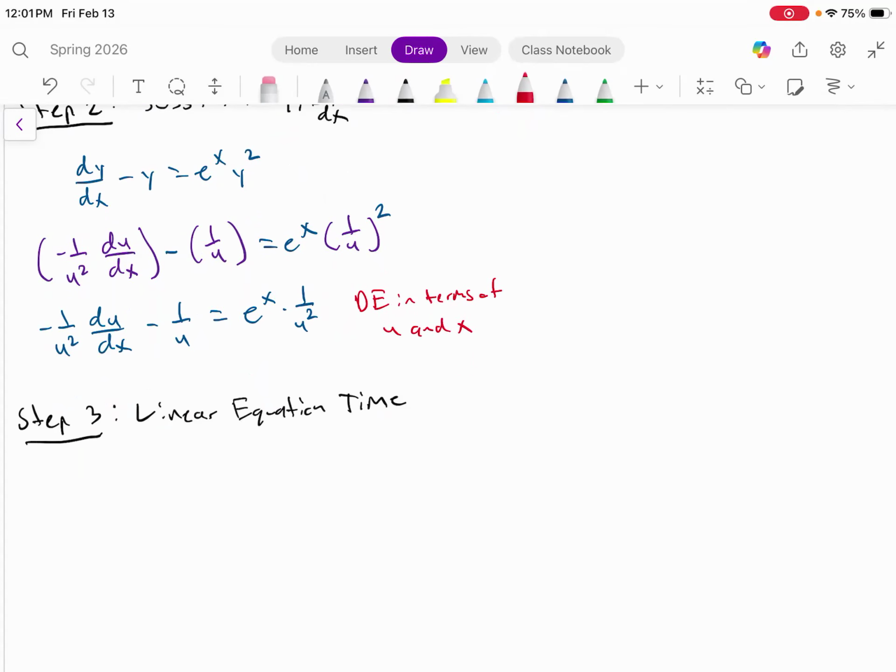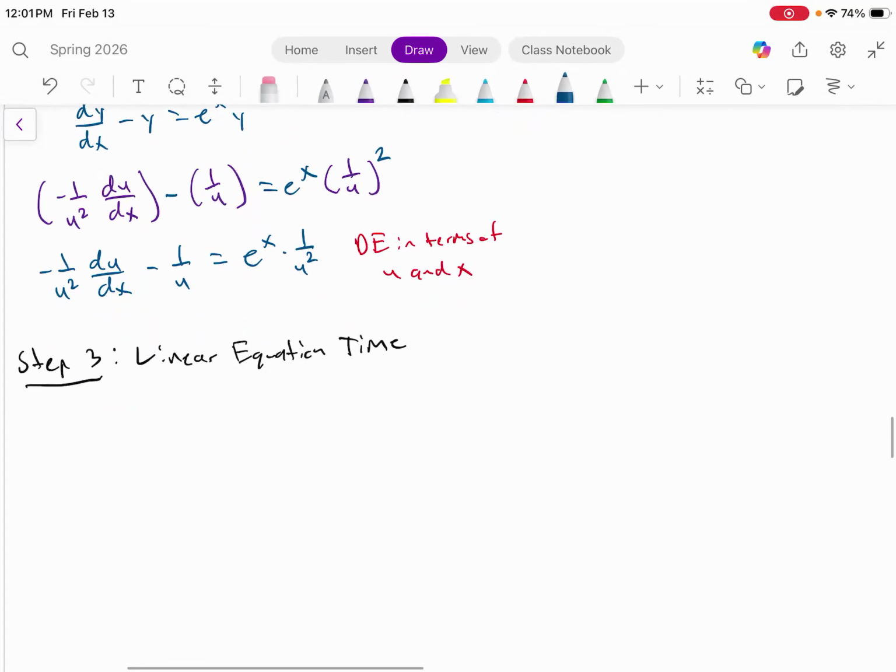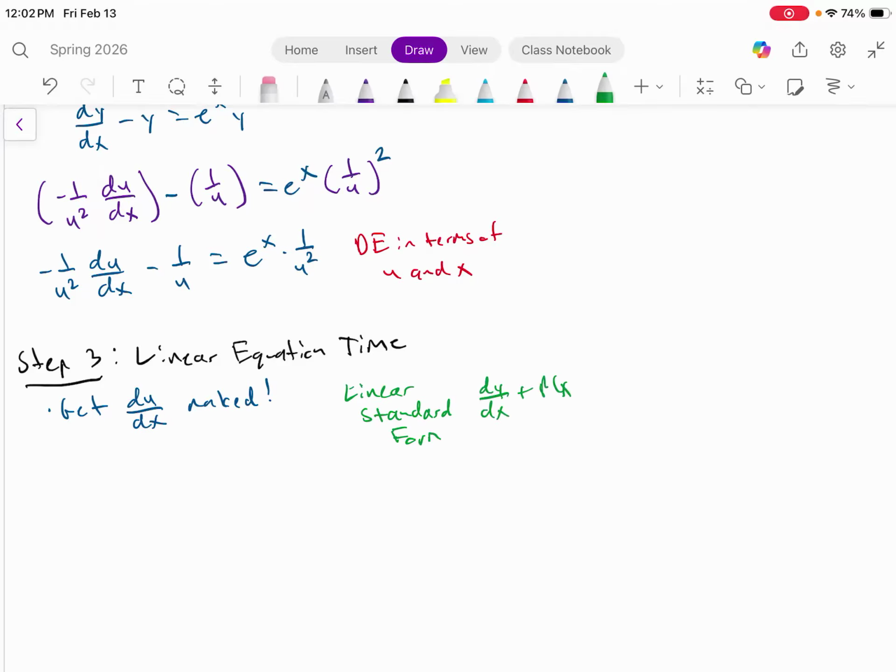And the first thing we always want to do is get du over dx naked. Okay, because we want to get into linear equation standard form, which is dy over dx plus p of x times y equals q of x.